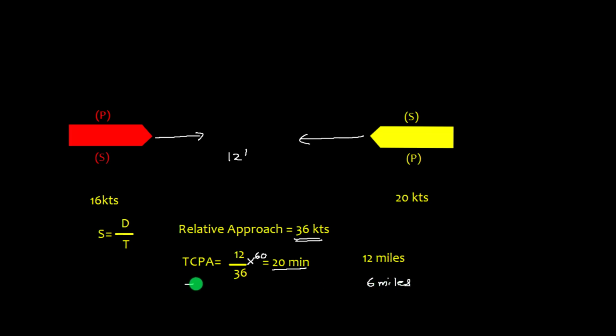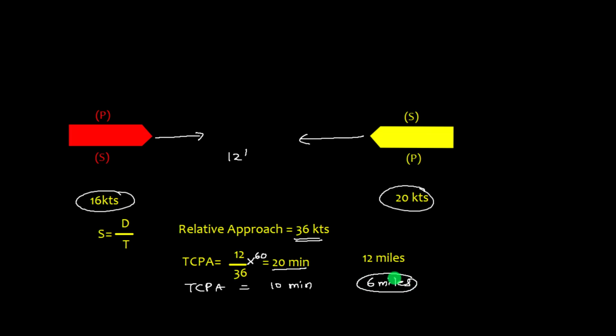So by common sense, the TCPA is going to be 10 minutes. So if there are two fast moving ships, one with a speed of 16 knots and another with 20 knots, the relative approach is 36 knots. In 10 minutes they are going to collide if the distance between them is 6 miles.